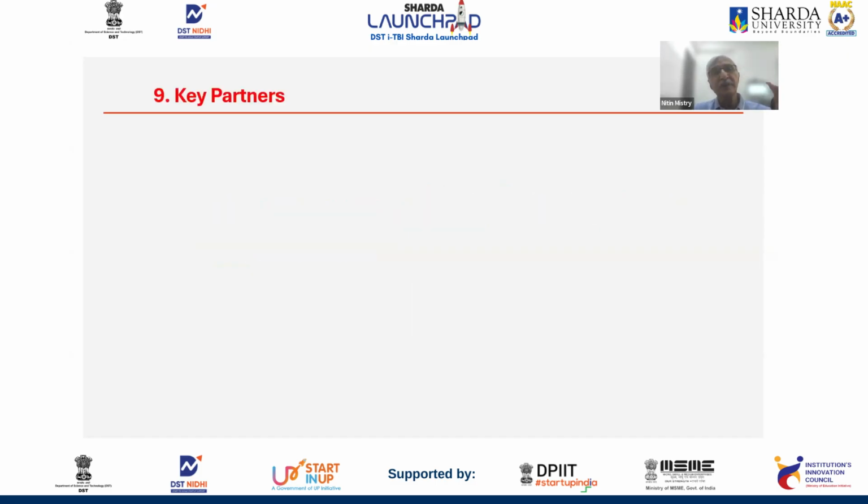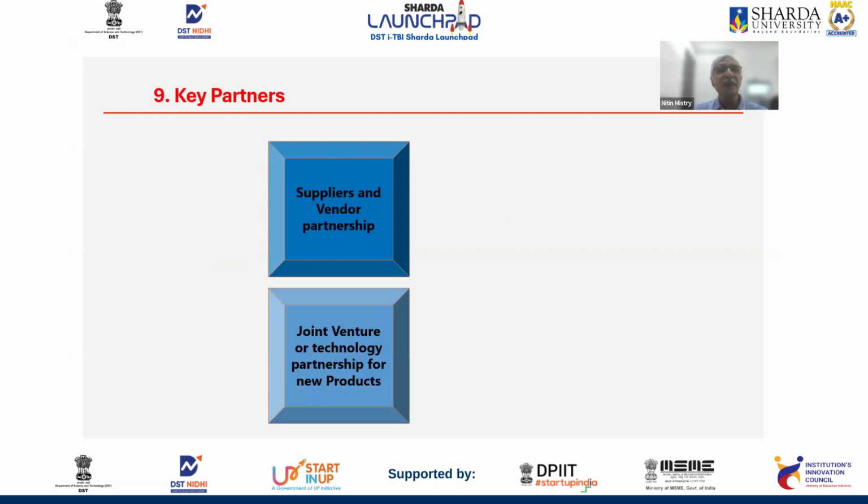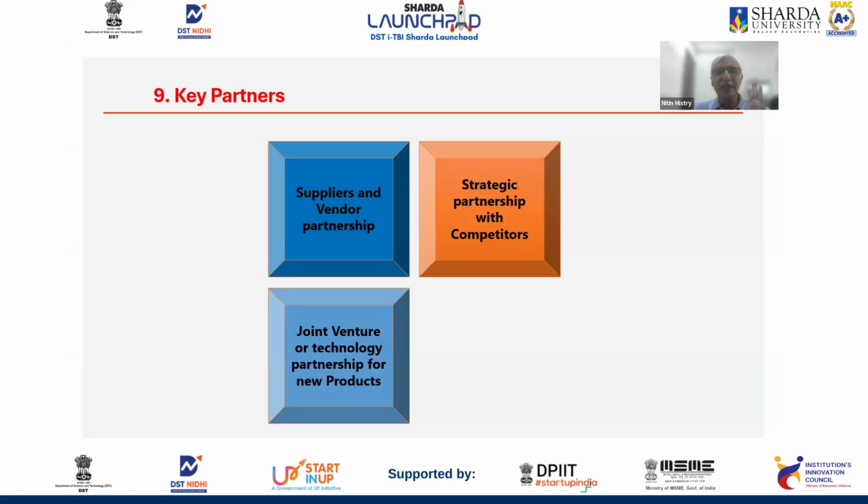Now this is a very important slide. Please focus more on this. As I said, supplier and vendor could be one key partner. Again, joint venture or technology partnership, these two are easy to understand. The most difficult is strategic partnership with competitors. Listen, strategic partnership with competitors, right? What is this?